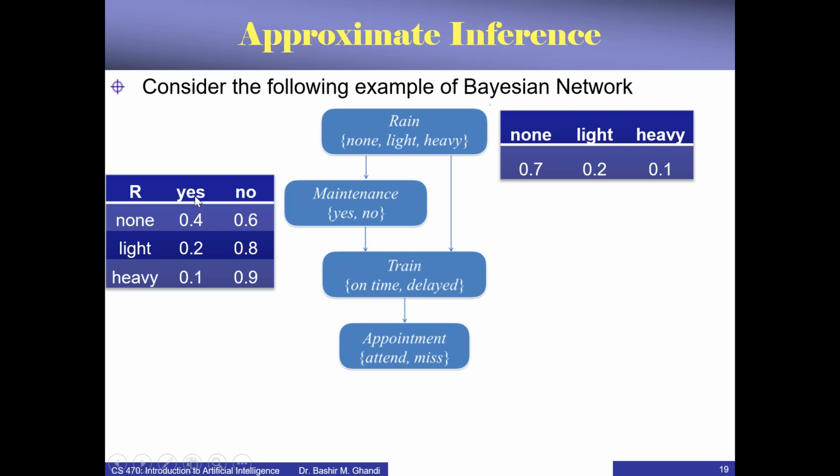The probability of maintenance is 0.2 if there is light rain, and 0.1 if there is heavy rain. As you may notice here, we are showing even the probability of no maintenance, even though this can actually be derived from the first column. Okay, but just to observe, comparing with the last example.